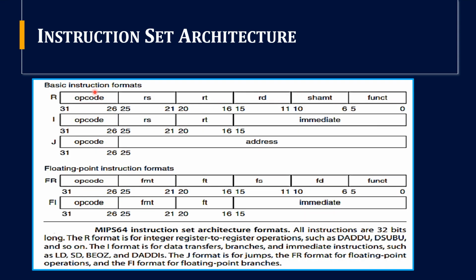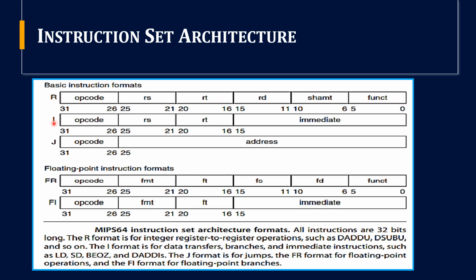So this is the MIPS64 instruction set architecture formats. As we already discussed, we have 3 types of instruction format. This R represents the register to register operations. This R format, this register format, is for register to register operations.